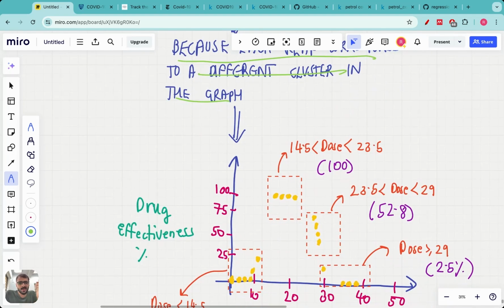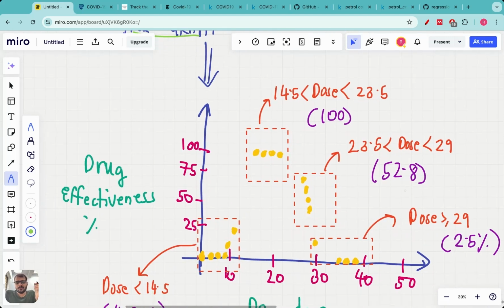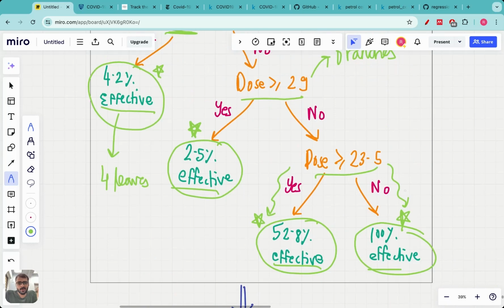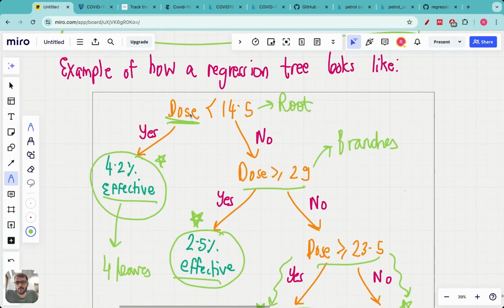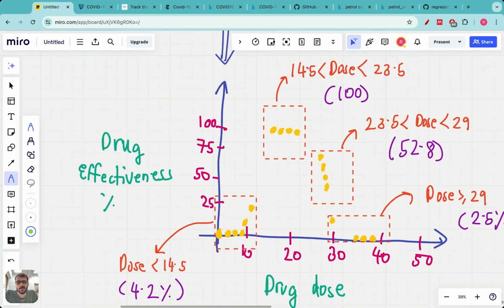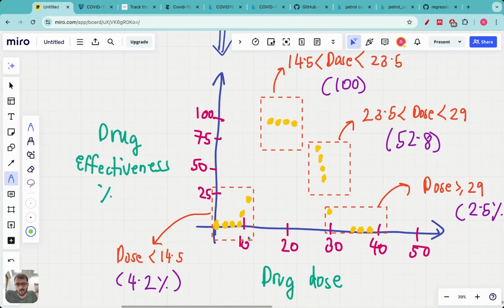Okay, so let's look at the graph again. This is the training data graph which we have, and now let's look at the root node. What the root node is saying is dose less than 14.5. If yes, it's 4.2% effective. So let's see where dose is less than 14.5. It's in this first cluster over here, right?